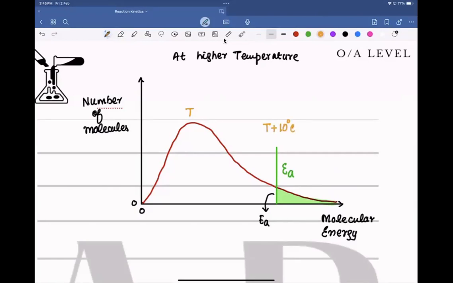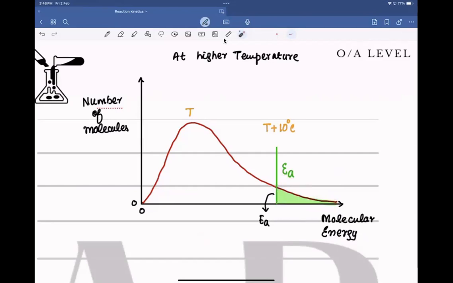So as we have discussed earlier, as the temperature rises 10 degrees, what will happen to the rate? The rate doubles. It means if the rate doubles, then this proportion of the molecules will almost double. So the successful collisions will double, and the rate of the reaction will double. Is this understandable? Yes, sir. So when we increase the temperature, what will happen?